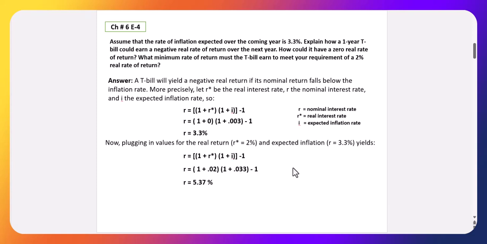In calculating the nominal interest rate, we have a real rate of return of 2% and an expected inflation rate of 3.3%. In substituting R star and I, we derive a nominal interest rate of 5.37%.